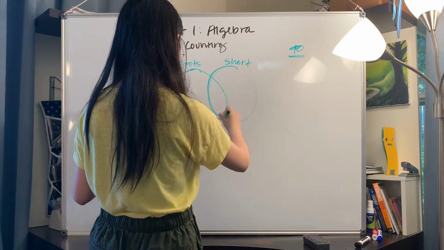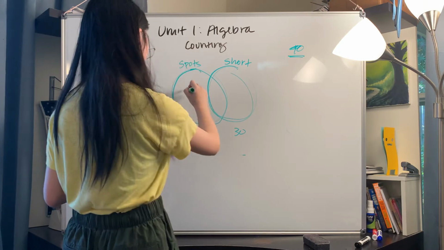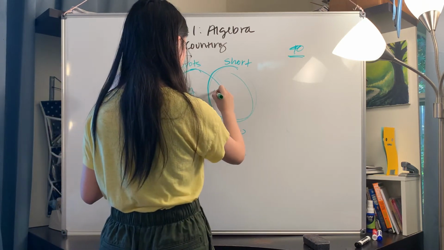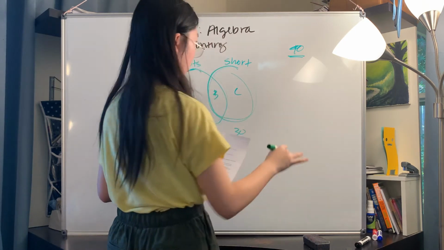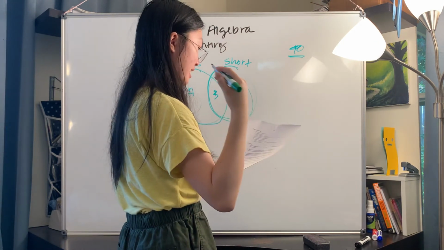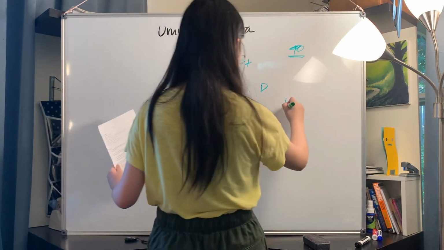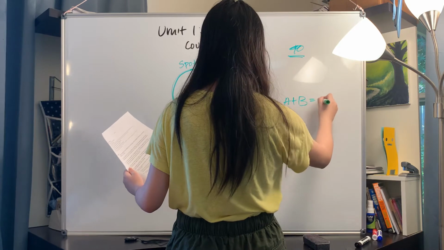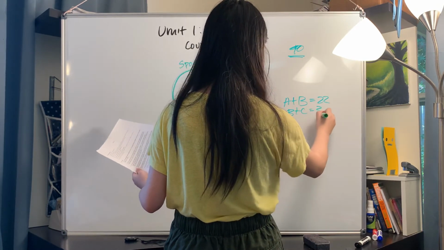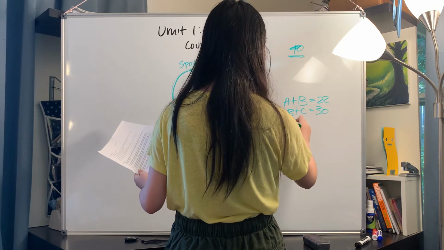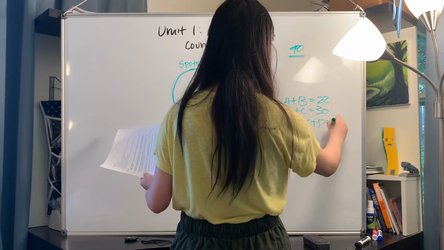And this will add up to 30. So I'm going to actually give these variables, call this A, B, and C. And we also know that there are dogs who have neither short hair nor spots, so I will call that D. Well, we know that A plus B is equal to 22, and that B plus C is equal to 30, and that A plus B plus C plus D is equal to 40.